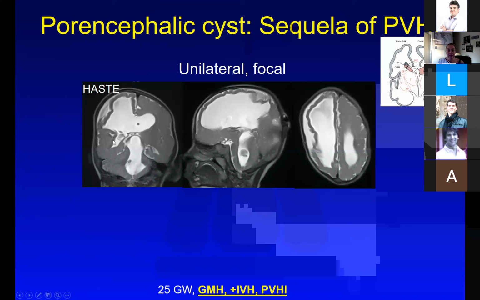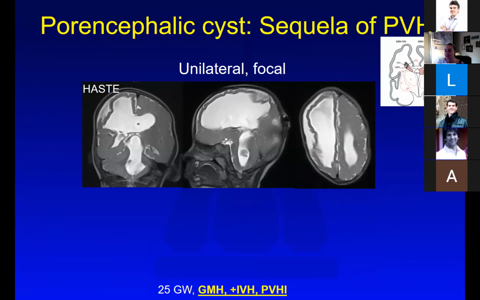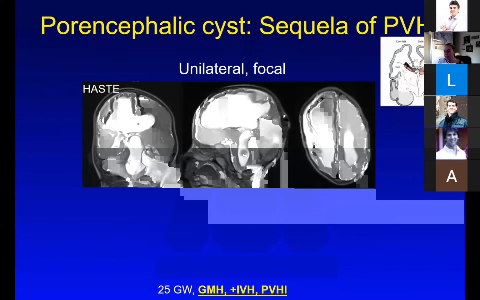We have a lot of surviving preterms, and because they can have intraventricular hemorrhage and post-hemorrhagic hydrocephalus, they end up with a shunt. And our standard of imaging for shunted kids is a fast MRI. This is the basic protocol that we do, triplanar HASTE, and we also add diffusion-weighted imaging.